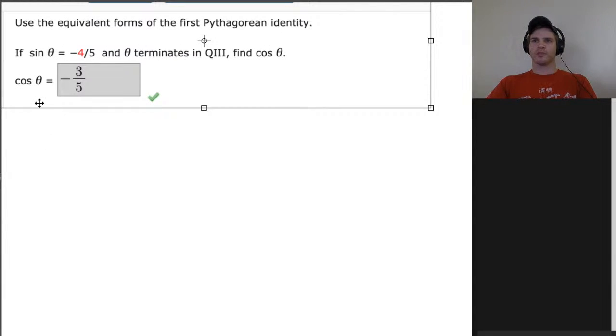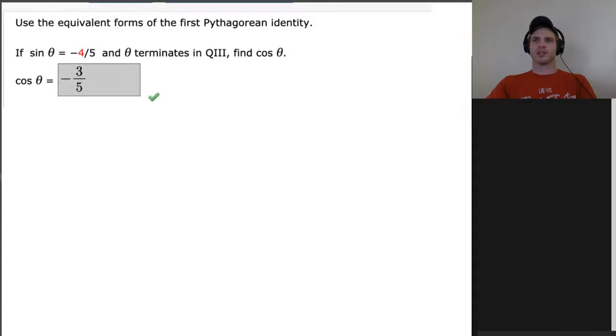Use the equivalent forms of the first Pythagorean identity. If sine of theta is equal to -4/5 and theta terminates in quadrant 3, find cosine. So we're given the sine, and we're told that this terminates in quadrant 3. So sine is negative, cosine is also negative here. Sine is the y over the r.